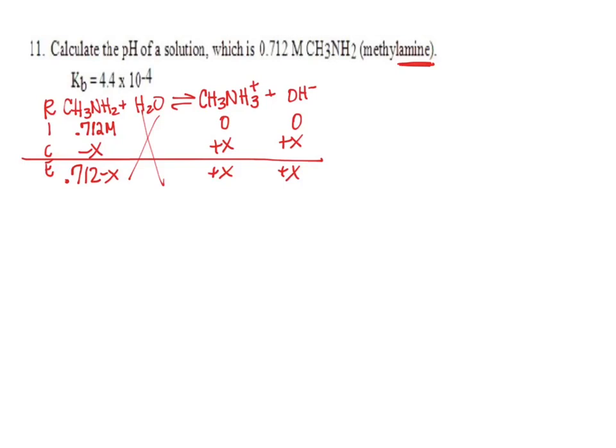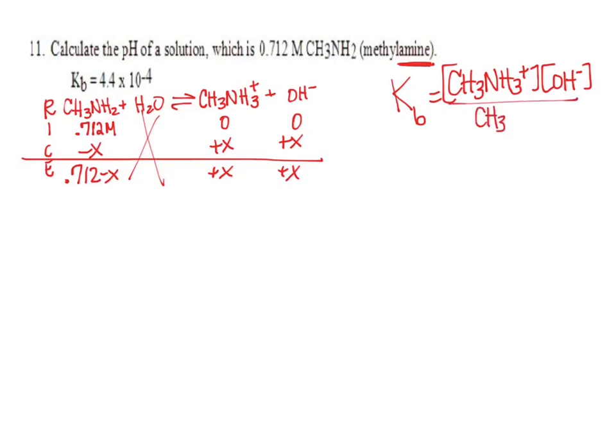The next thing is we're given Kb. So let's write our Kb expression. Kb is equal to CH3NH3 plus times the concentration of OH minus over CH3NH2. We have a value for Kb, and Kb is 4.4 times 10 to the minus 4.